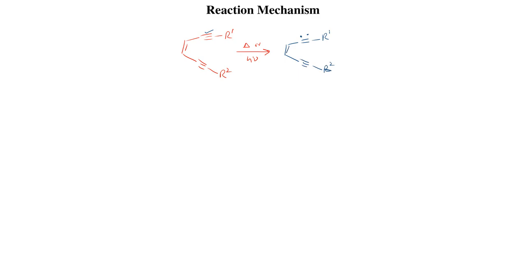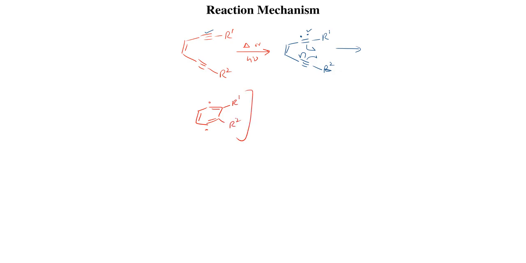Now what will happen? This terminal radical will interact with another pi bond and this electron will move here. Radical and here radical intermediate, R1 and R2.